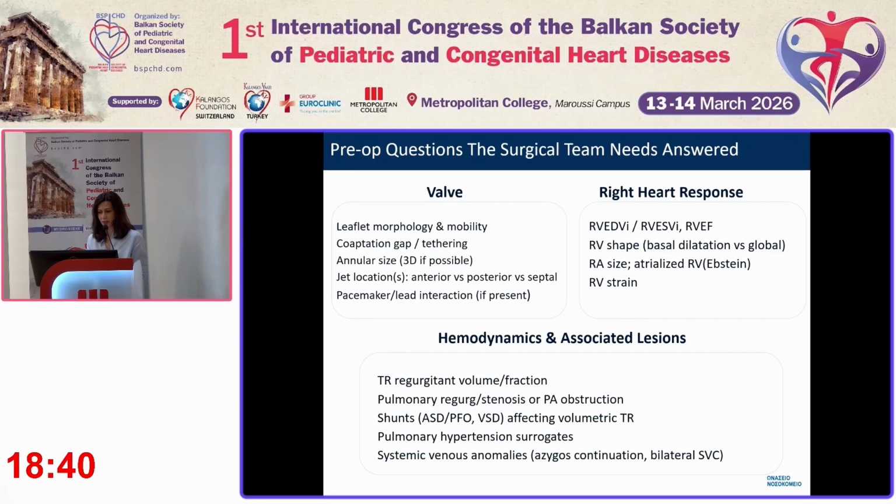All the following three categories of information can be obtained in a single exam. First, we evaluate the valve anatomy and the mechanism to the best of our ability through MRI. Second, we evaluate the right ventricular response to that. And third, we are enabled to estimate the tricuspid valve regurgitation volume in the presence of associated lesions, such as pulmonary regurgitation, concomitant shunts, etc.